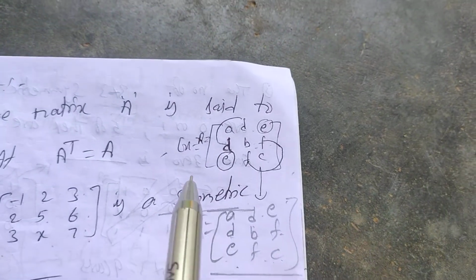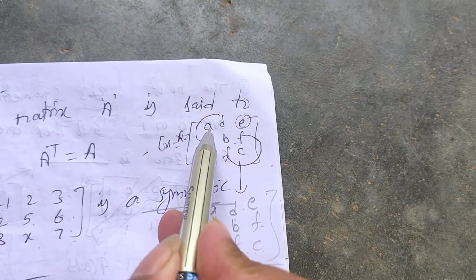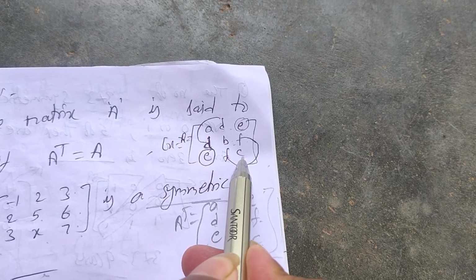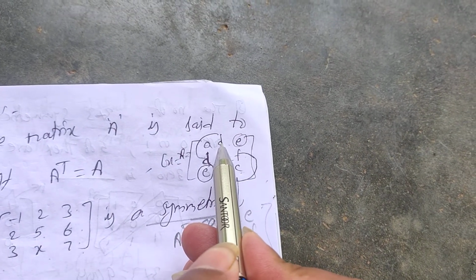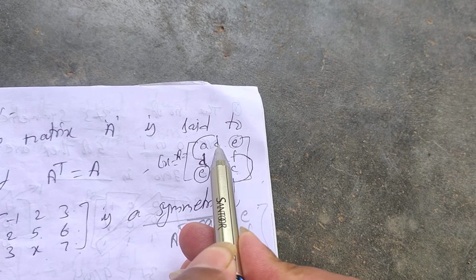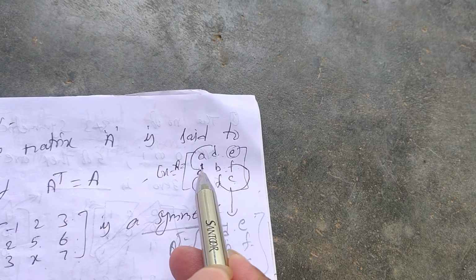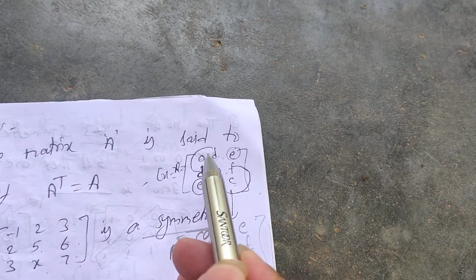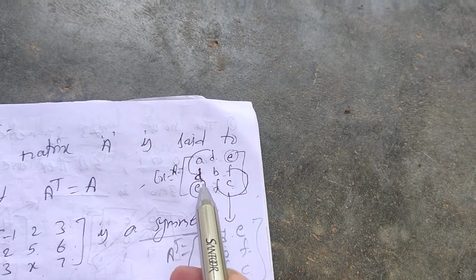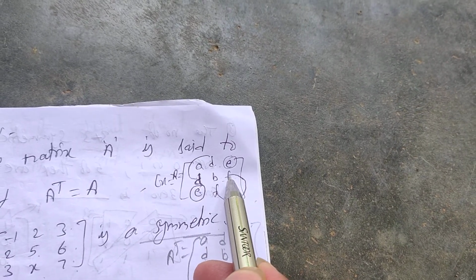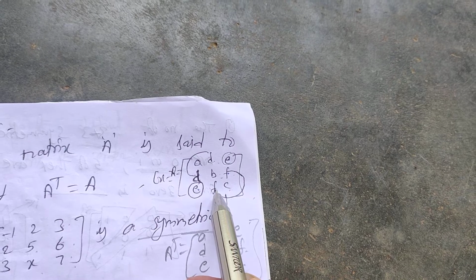If you observe the matrix very clearly, the principal diagonal elements may be any numbers, no problem. But here the position A12 and this is A21. If A12 is equal to A21, A13 is equal to A31, and A23 position is equal to A32 position.